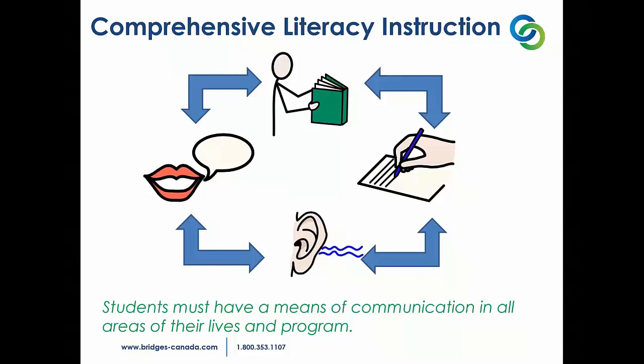They need modeling and shared reading and writing opportunities across a variety of text types and purposes. Students who are functionally non-speaking require a means of communication in all areas of their lives and program. They need to learn letters and sounds. They need it all.